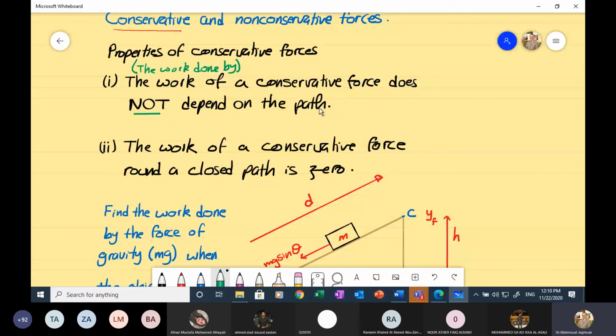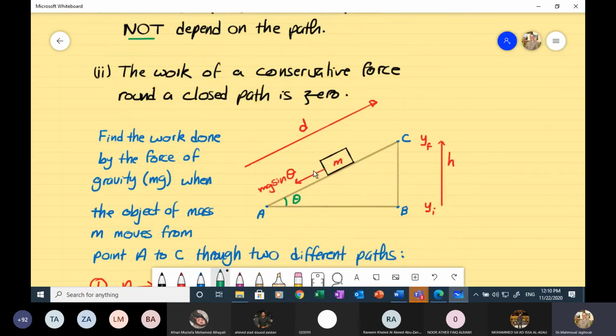That is, the work of a conservative force does not depend on the path along which the object moves. And the other one: the work of a conservative force round a closed path is zero. That is, the work of a conservative force around a closed path equals zero. We will see exactly what each one means.